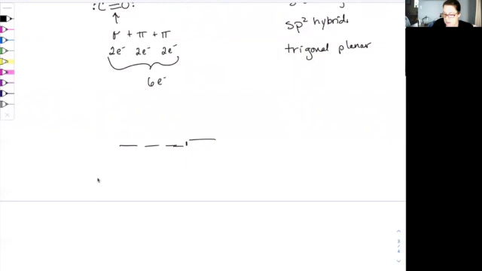But it's not enough to promote them to a higher energy orbital. Let me say it this way: if the jump was this big, if we're talking about carbon, we would do 1, 2, 3, 4, but it's not as big of a difference. So we're going to keep them half filled and save that energy that it would cost to pair them up.